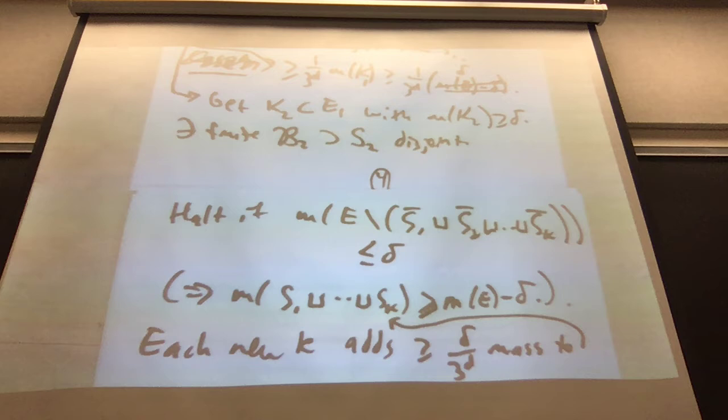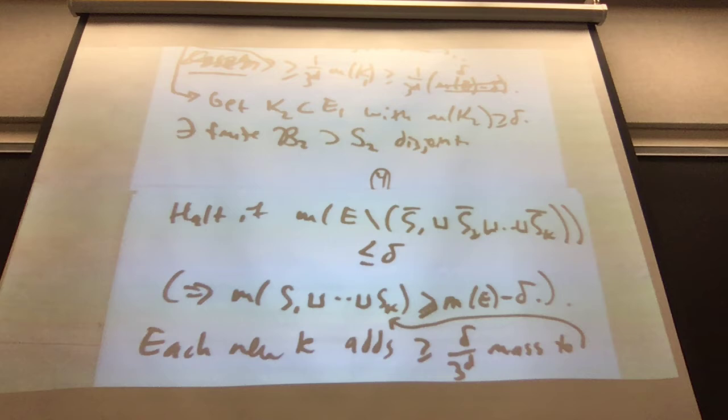Okay? In fact, we've proved something slightly stronger. So, corollary: balls can be arranged such that the measure of E take away these balls, this set S, this finite set of disjoint balls that we get at the end, is at most 2 delta.